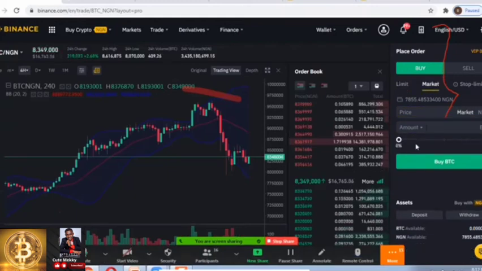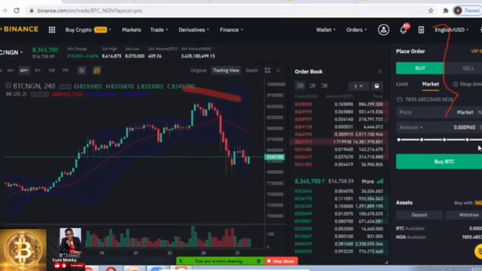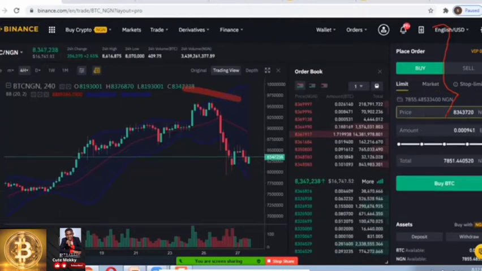I want to buy instantly. And then I move this to 100%. I want to use my entire money to buy Bitcoin. So I can just click buy. Now, if I want to place this order with a limit order, I can then go here and change this value to 3.